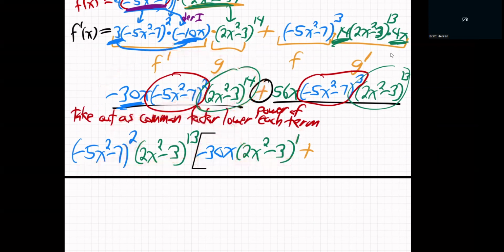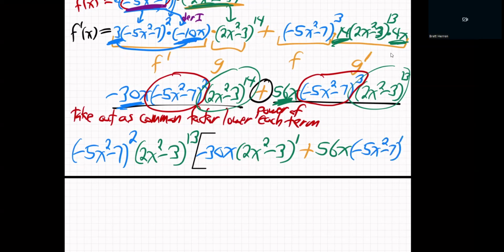You see? And now I'm going to come to the next one, and I'm going to go, okay, 56x right there. And I'm going to put the blue term, which is minus 5x squared minus 7 to the first.